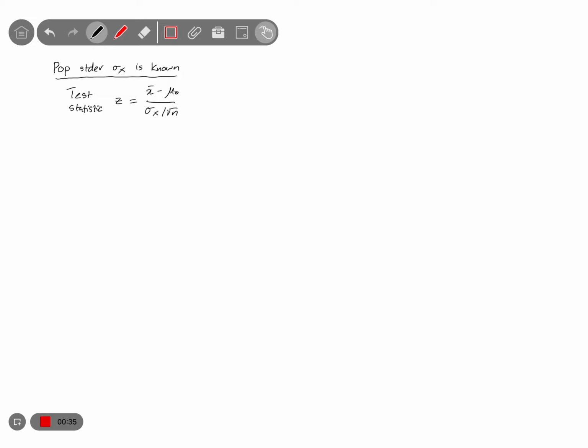And once you have calculated the test statistic, you're going to be using the z table to come up with decision rules. And remember that the z table is just the standard normal probabilities table.